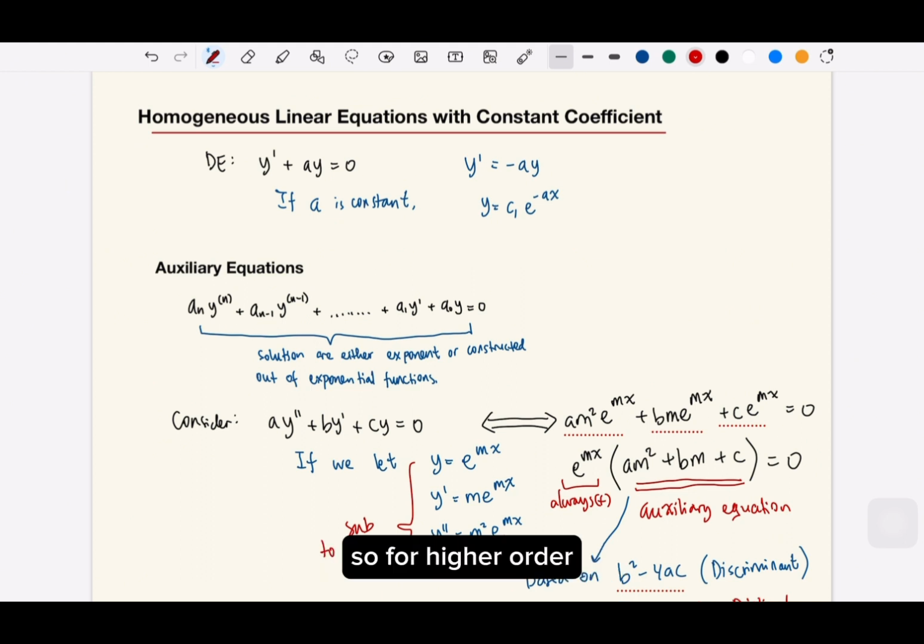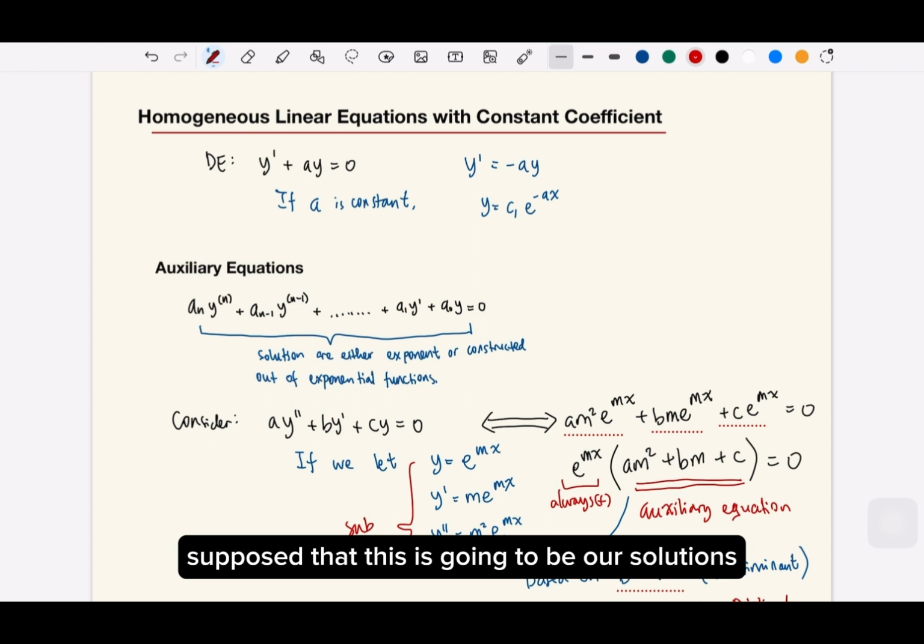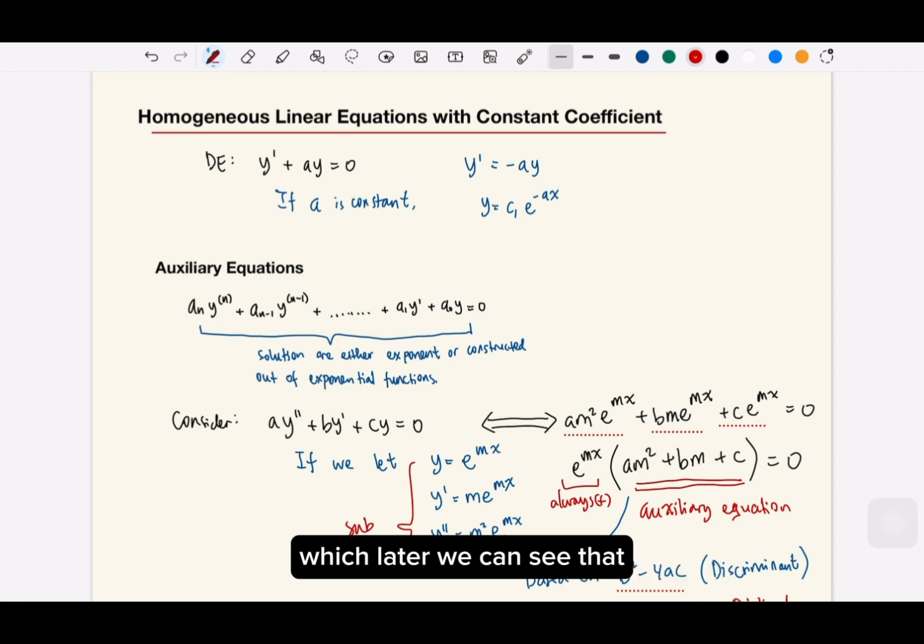So for higher order, especially for the second order, if this is equal to 0, we can rewrite this and let the order become m. Suppose this is going to be our solution, so we let the solution equal e to the power of mx, which later lets us use the quadratic formula.